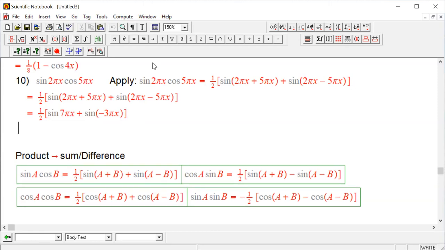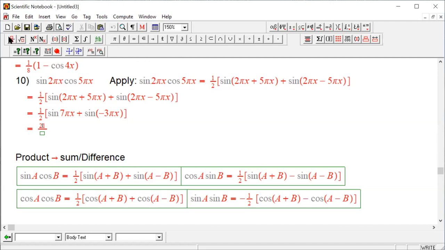Well, sine is an odd function, so we can reduce it further. Now we have one half, and inside the parentheses, we have sine of 7 pi x, and because it's an odd function, negative sine of 3 pi x.